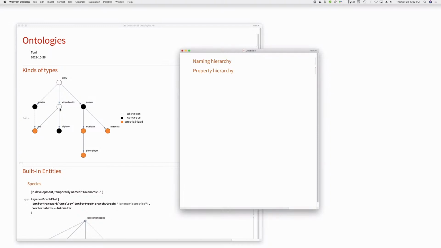You mean a bird inheriting both wing properties and feather properties? Yes, that's what I'm saying.